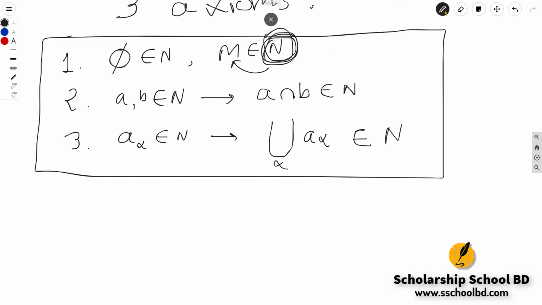Now let's give an example. It's better to understand from an example point of view. Let's say M is equal to {1, 2, 3}.